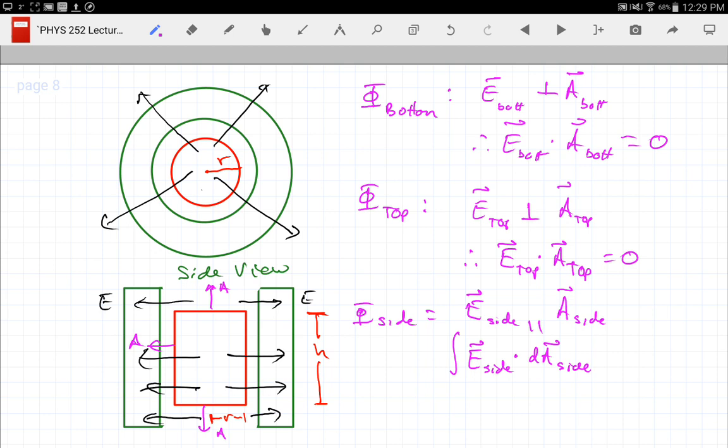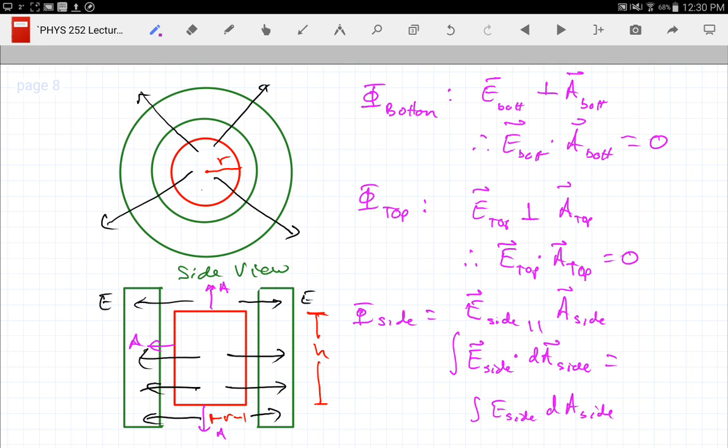Remember, it is really an integral. It's just because of the directions I didn't worry about the integrals in the first two. That's going to have to equal just the integral of E side dA side, right? Because of the parallel. So I get rid of the dot product there, parallel parts, just the scalar.